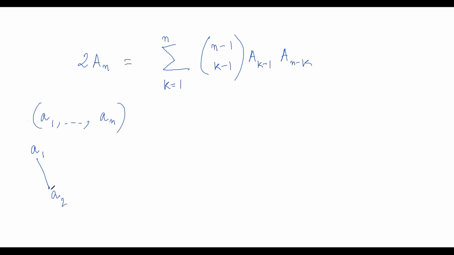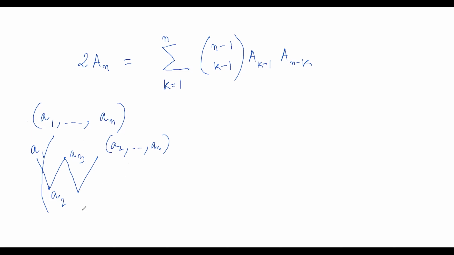From a2 it will go up, so the sequence from a2 to an is an up down sequence.